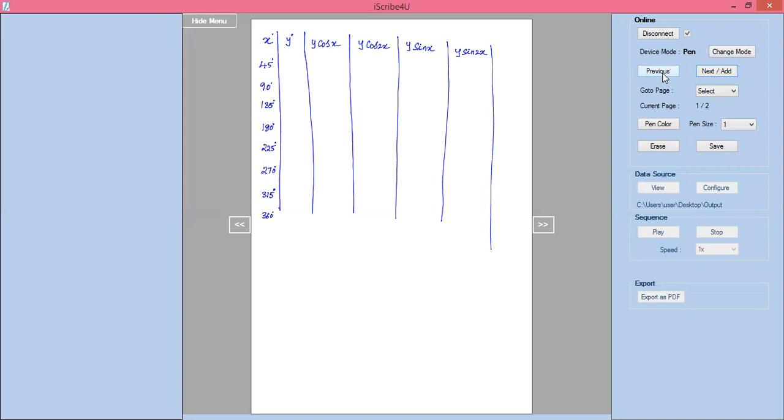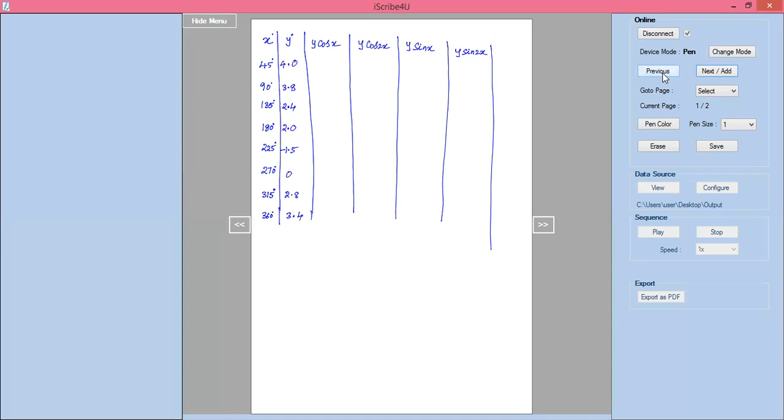The 45 degrees value should be 4.0 and the 90 value should be 3.8. These are all given. I'm writing here. This one should be 2.4. Next one should be 2.0. Next one should be minus 1.5, 0, 2.8, 3.4.